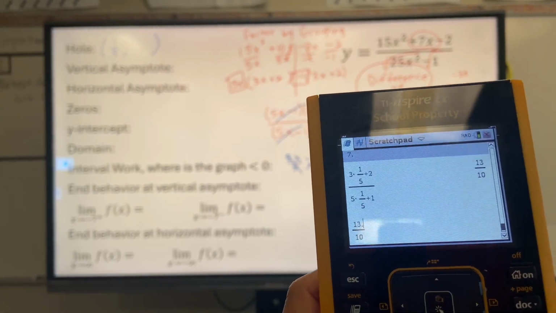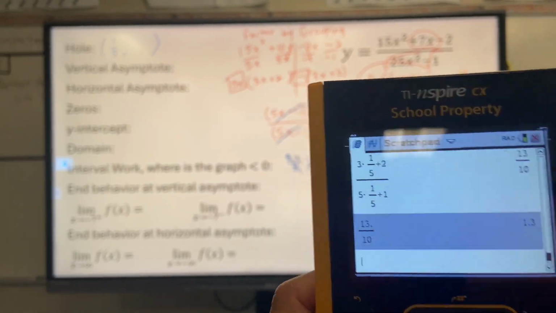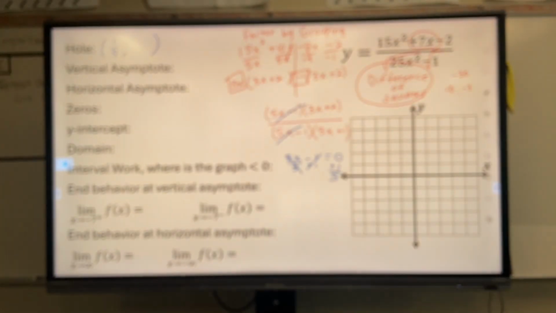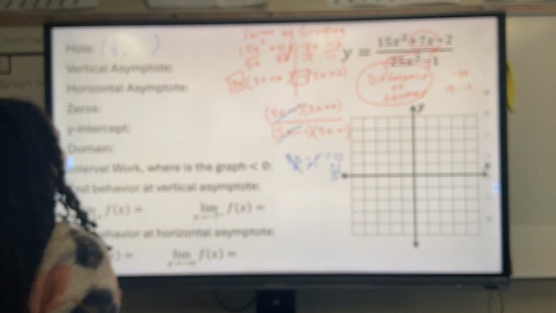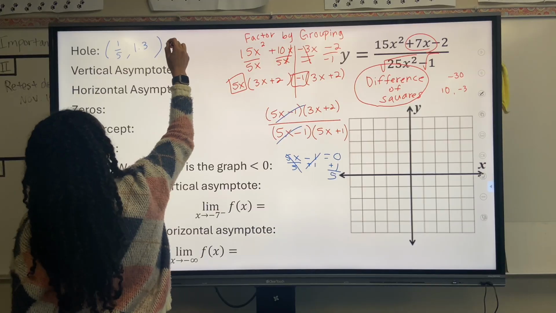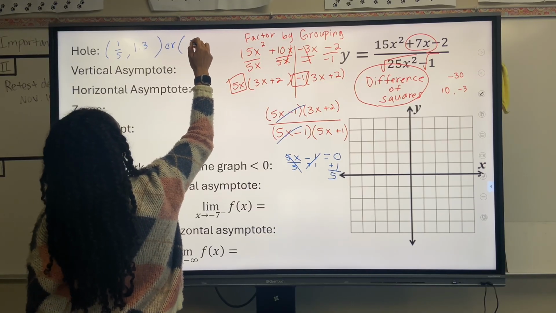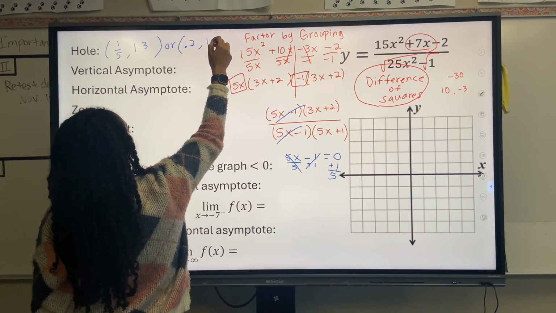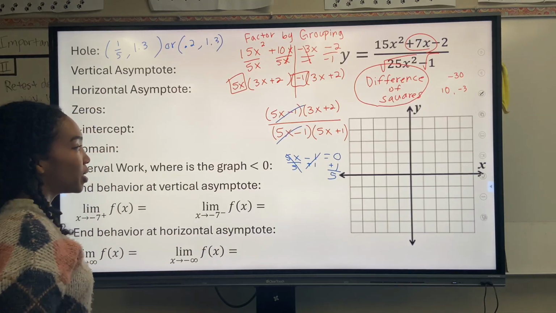And if you want it as a decimal, it'll be 1.3. So this is at 1.3. You can also write this as 0.2 and 1.3. That's where your hole is.